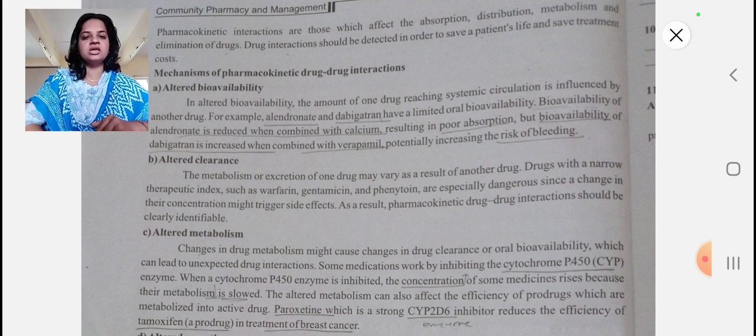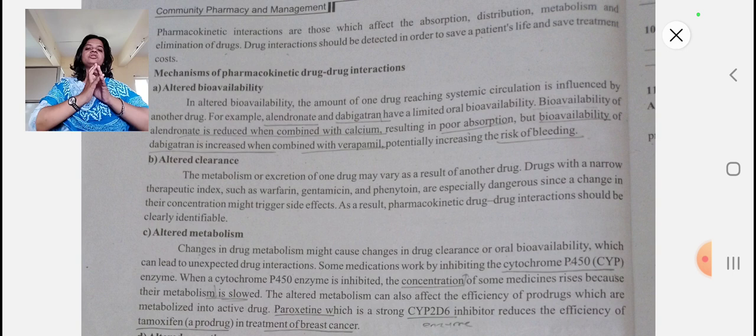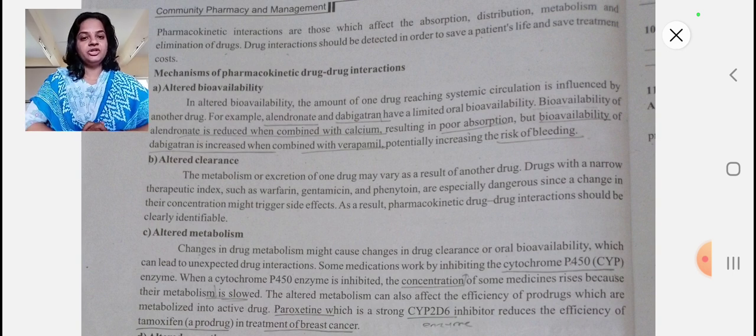For example, alendronate and dabigatran both have limited bioavailability, but the bioavailability of alendronate is reduced when combined with calcium, which results in poor absorption. The bioavailability of dabigatran is increased when combined with verapamil, which also increases the risk of bleeding. That is altered bioavailability.